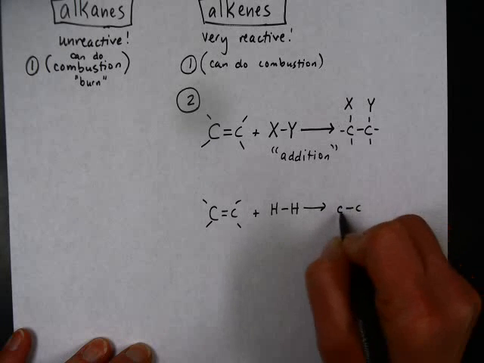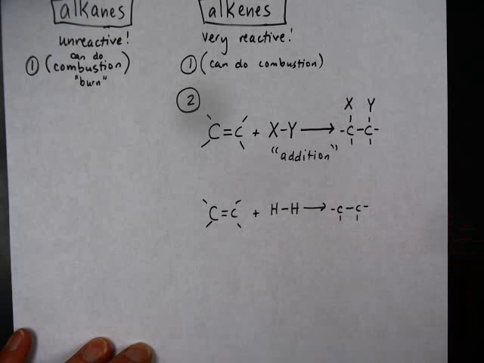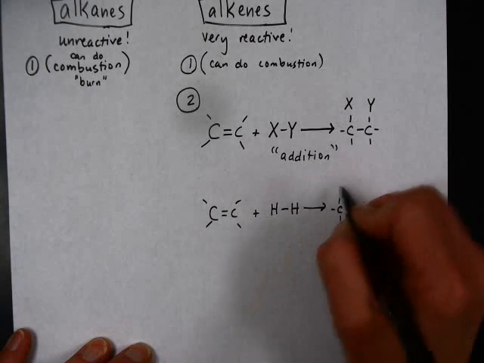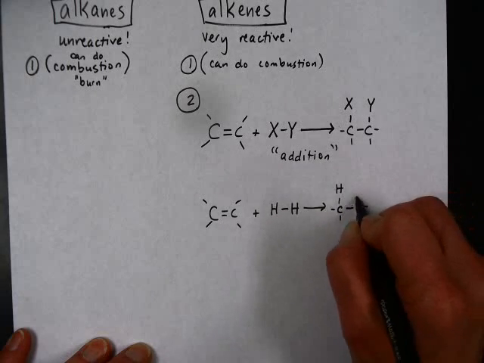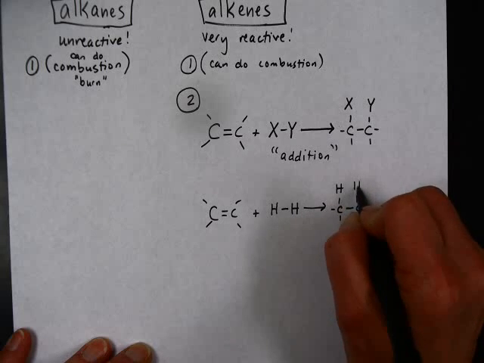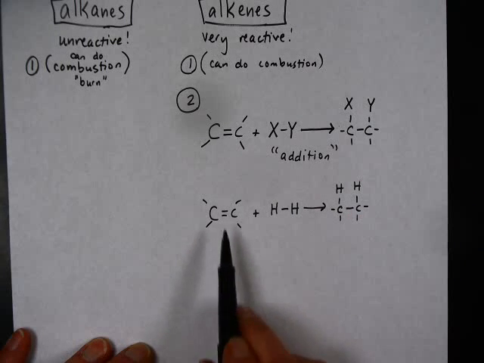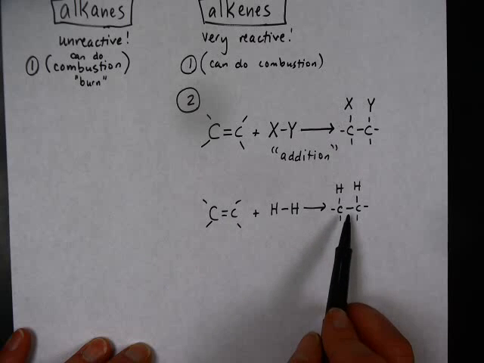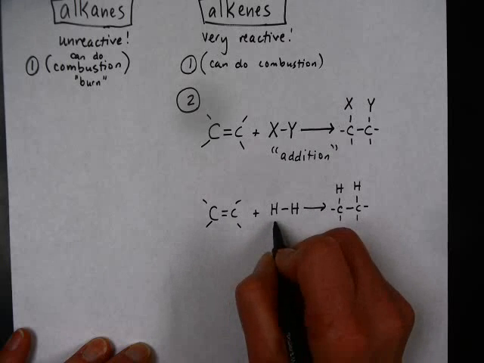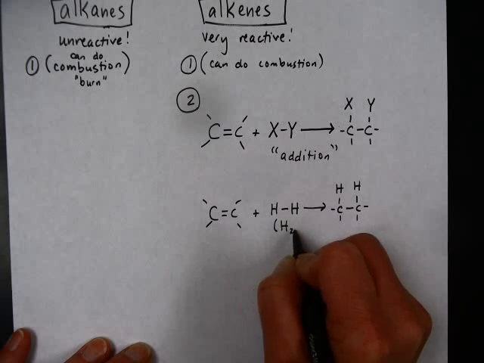Just like always, the double bond will turn into a single bond. This carbon needs one more bond, that'll be H. This carbon needs one more bond, and that will be the other H. Double bond turned into single bond, we added H and H. Usually, that would be written this way.